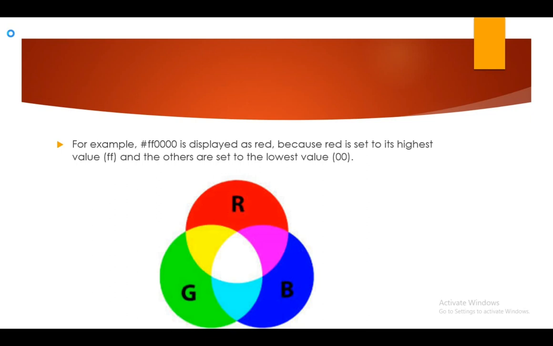Same for blue, the result is hashtag 0000FF. It will be displayed as blue because blue is set to its highest value FF and, as usual, the others are set to the lowest value 00. So the color output is blue.